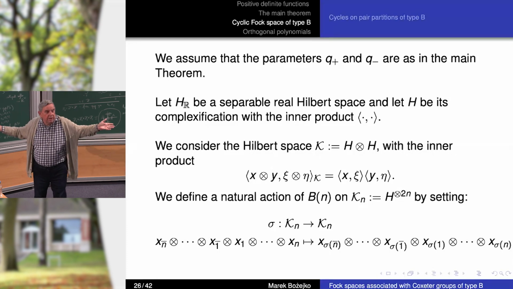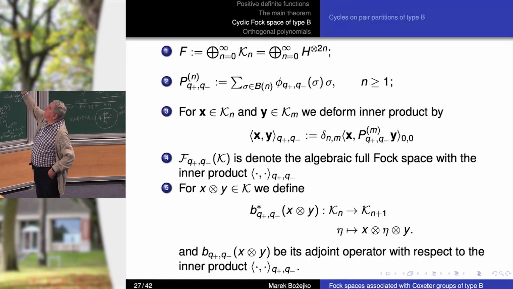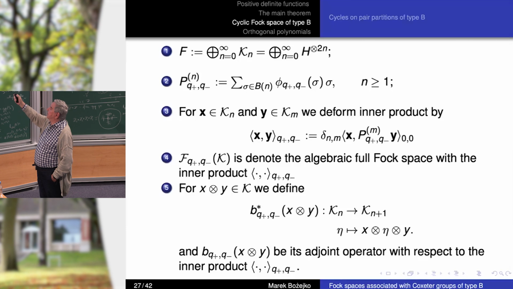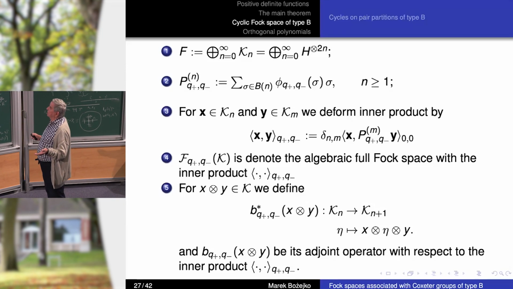This is the full Fock space without any deformation, and we now make a deformation using the character we discovered, and positivity gives that, after completion, we have the Hilbert space, the full space with 2 parameters. We have a creation operator acting in the natural way on the left side, and its adjoint is the annihilation operator.